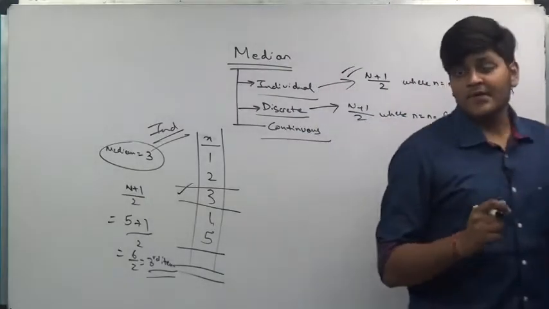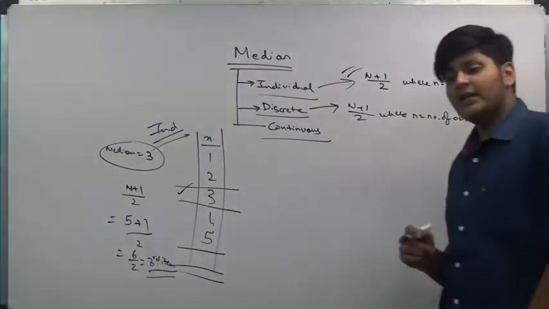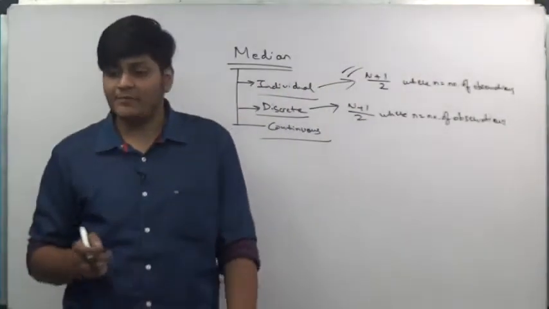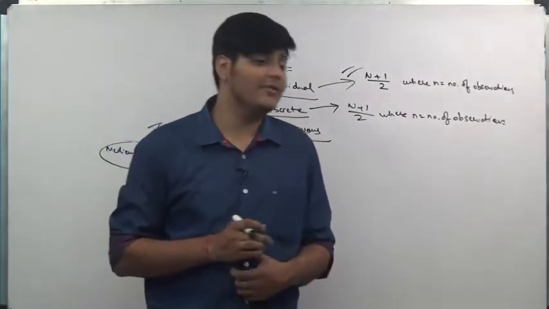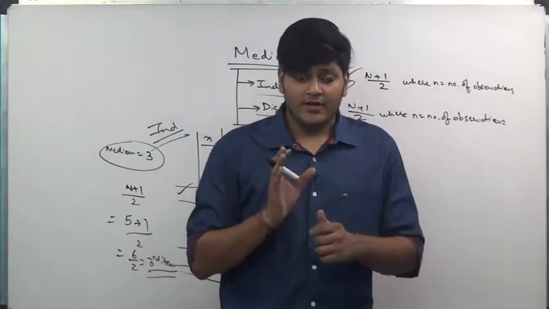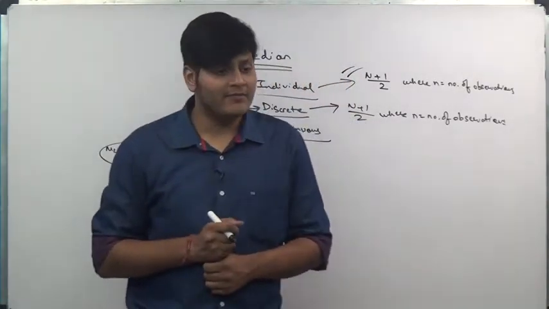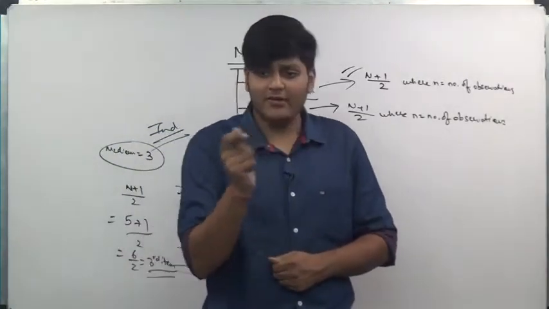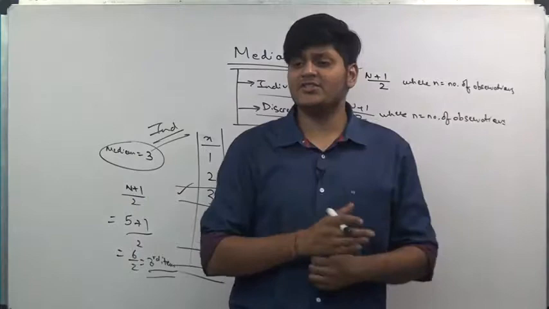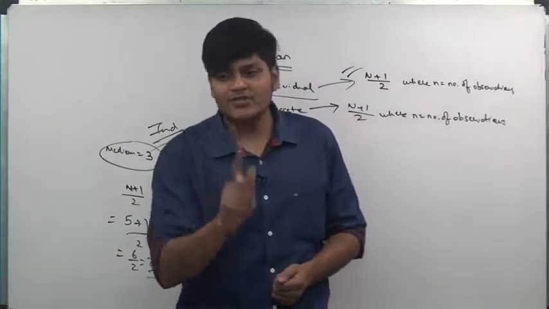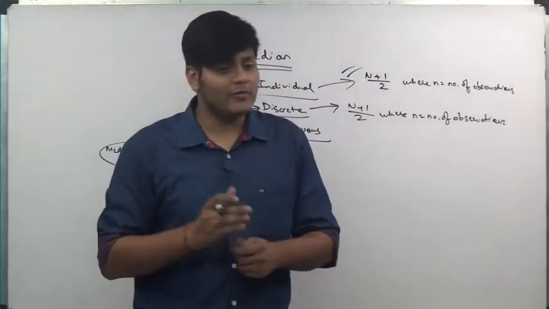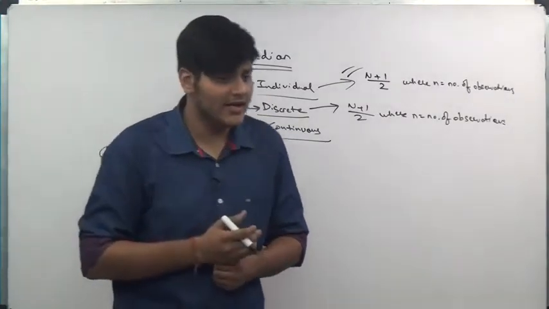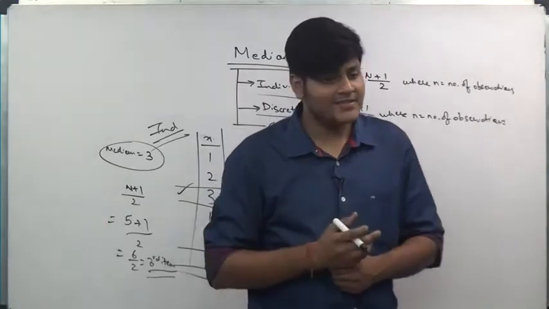Clear? The funny thing about finding a median in individual series and in discrete series is the fact that median is not affected by the frequency. For example, in arithmetic mean, we used to multiply x with the f column, correct? We used to find out fx, later on the deviations used to come, but frequency was used. But here even if frequencies are given, what happens? What if frequency has been mentioned?